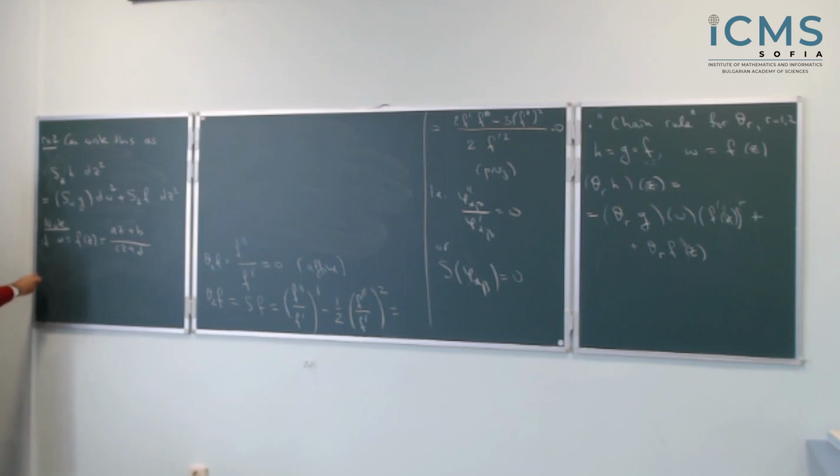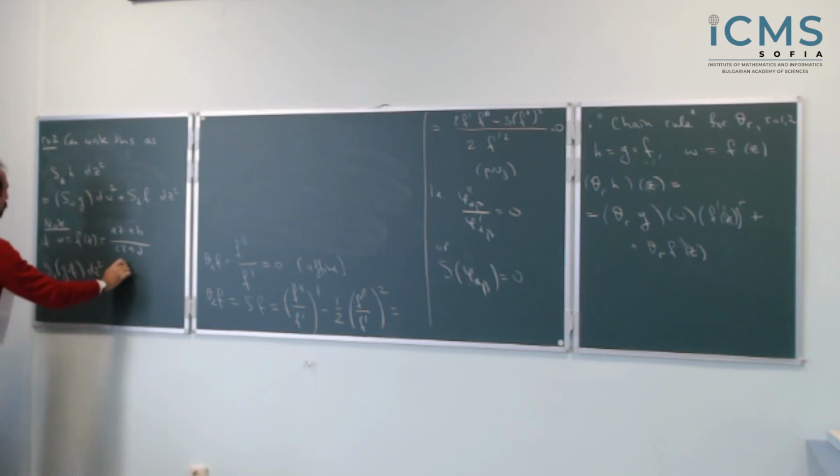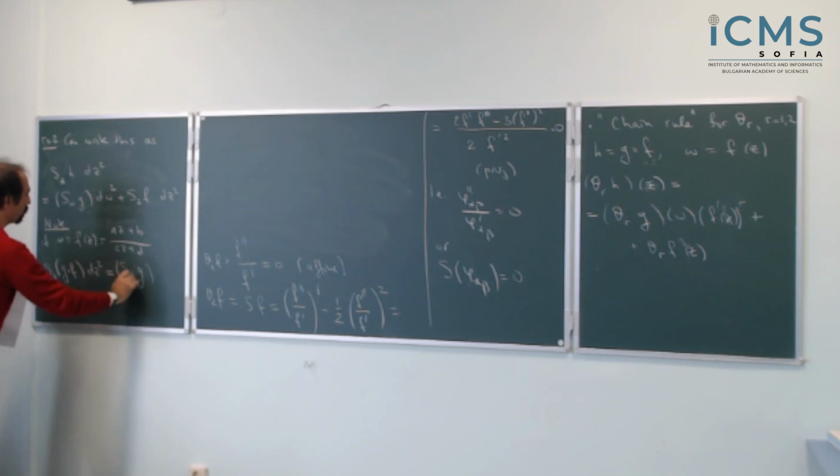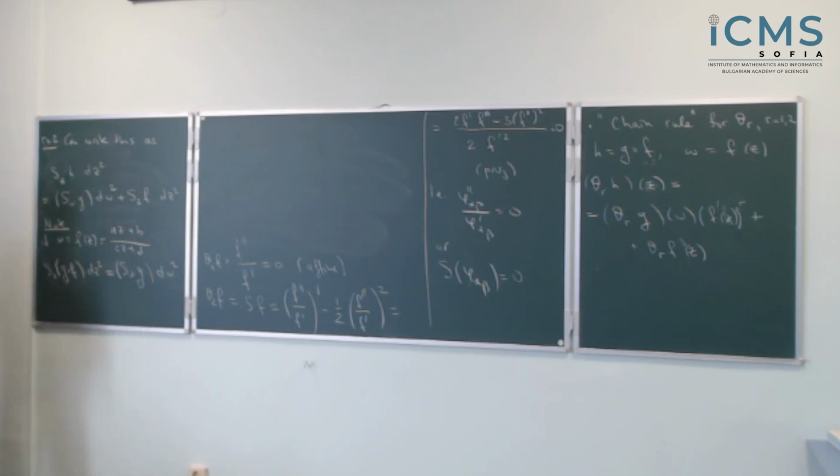So we get that S_z of g after f dz squared is S_w of g dw squared, so only this term survives. This is saying that if we allow only fractional linear changes of coordinates, the Schwarzian derivative transforms like a quadratic differential. This quantity is a quadratic differential.